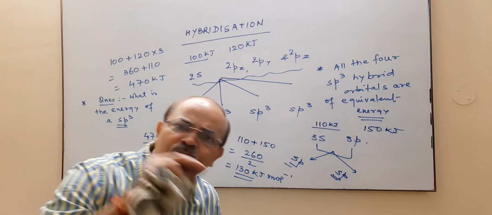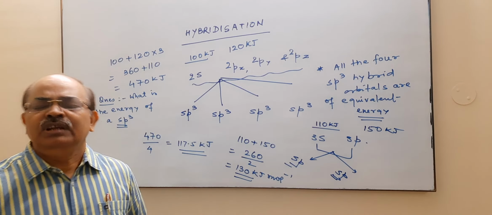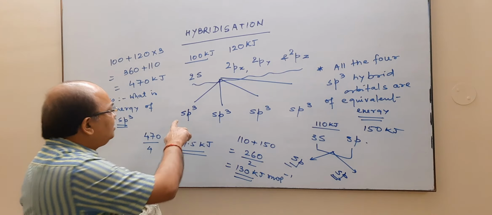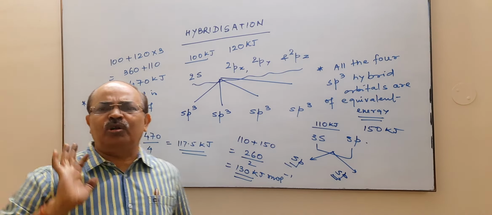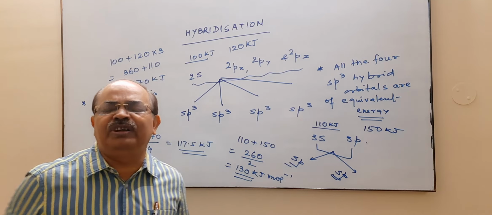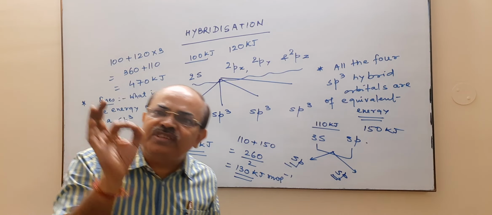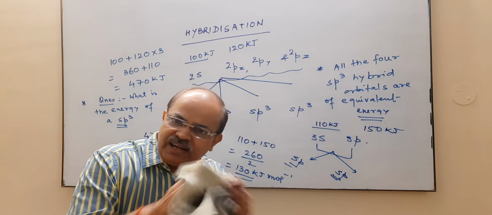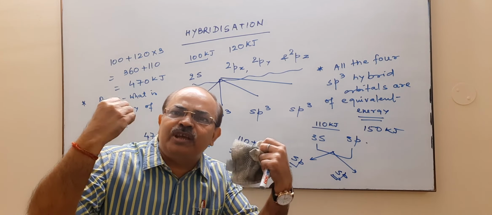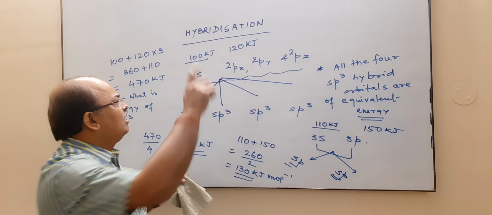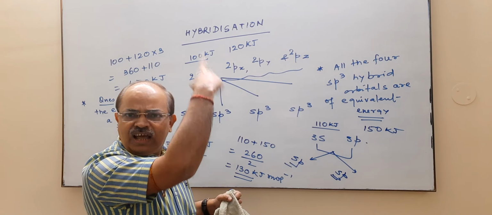And one more important point is, all these hybridized orbitals are of equal shape. उनके शेप भी सेम होंगे. एनर्जी सेम है तो उनका शेप भी सेम होगा. Pure atomic orbitals are of different shape.